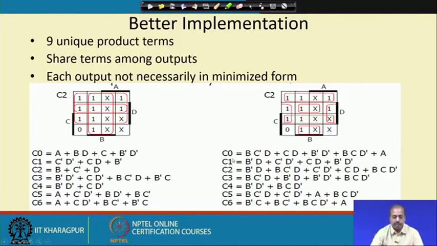You see that in this C0 it was A plus BD plus C plus B bar D bar, but we have modified this so that the expression becomes like this. That is, we do a grouping so that it is not the optimal one, but what has happened is that this B C bar D is shared between C0 and C3. Similarly, this B bar D bar is shared between this C0 and this C3. So, that way we can make these terms common between these multiple outputs, so that total number of unique terms becomes less.